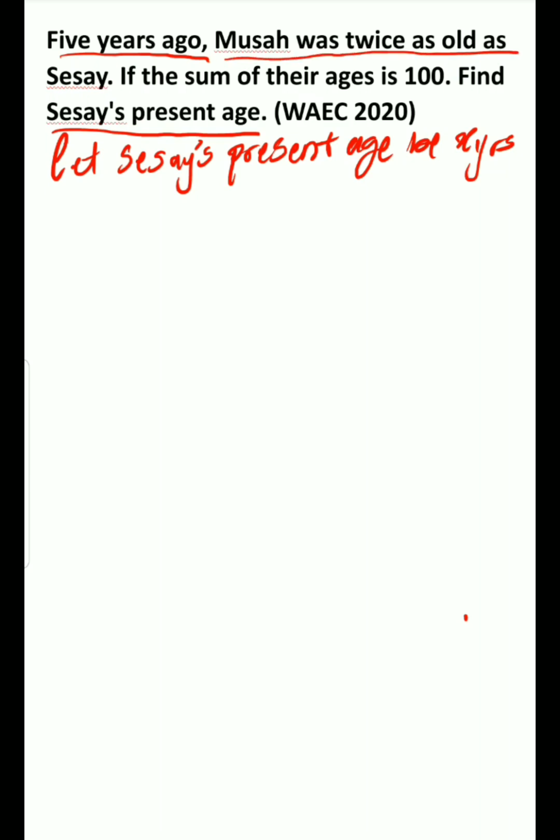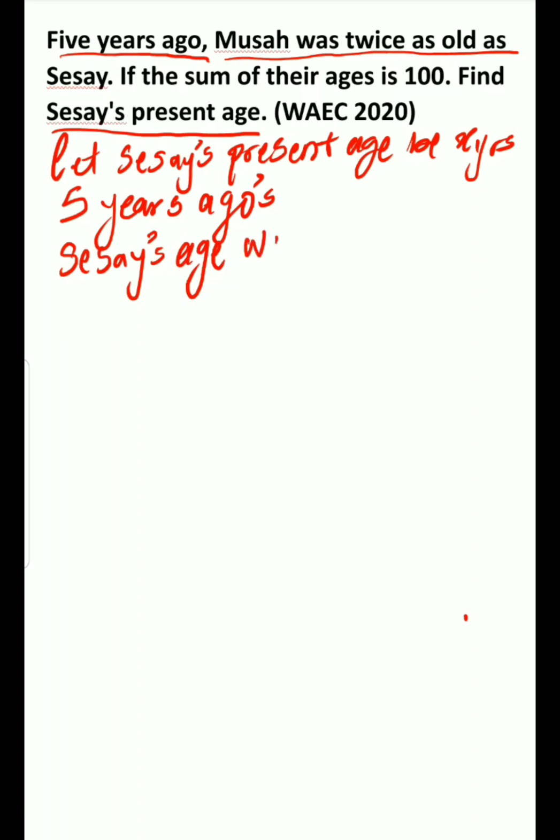That means Musa's age 5 years ago was twice Sise's. Sise's present age now is X, and so in the past, if Sise's present age now is X, then Sise's age 5 years ago was X minus 5 years.